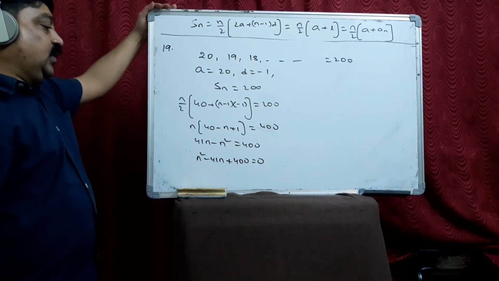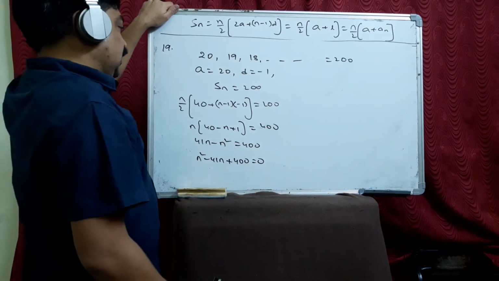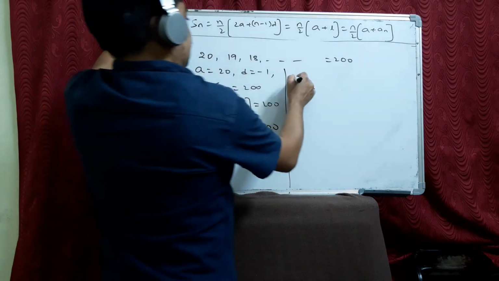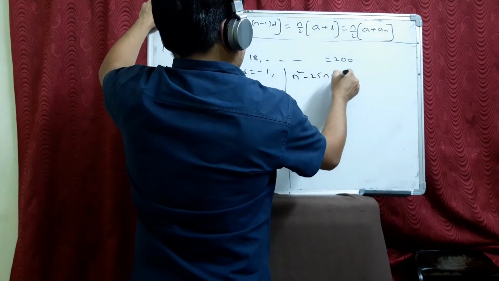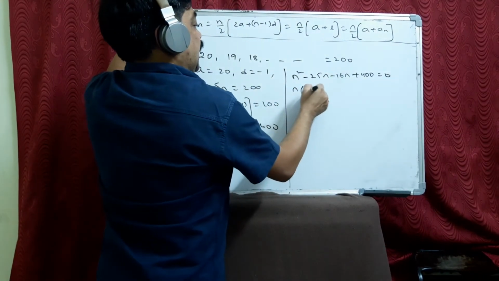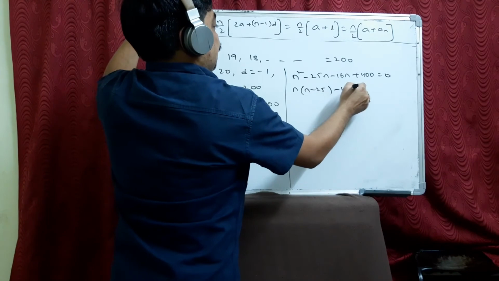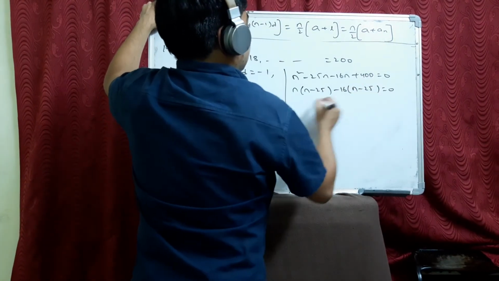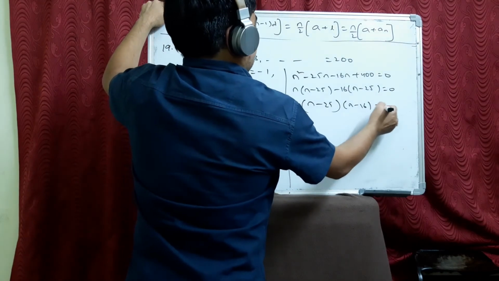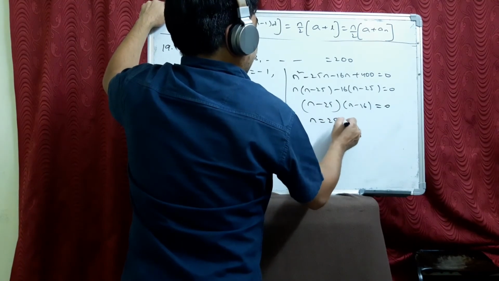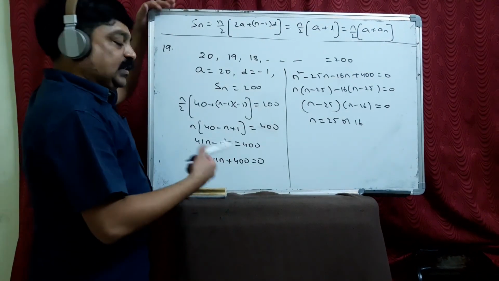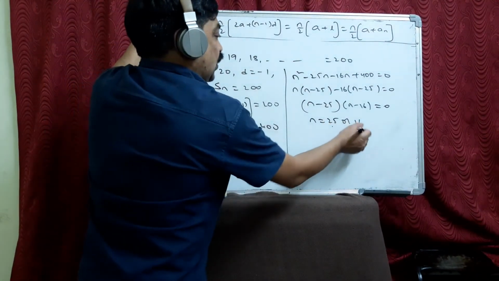Factors of 400 that add to 41: 25 into 16. So n square minus 25n minus 16n plus 400 equals 0. n into n minus 25 minus 16 into n minus 25 equals 0. n minus 25 into n minus 16 equals 0. n equals 25 or 16. So the number of rows can be 25 or 16.